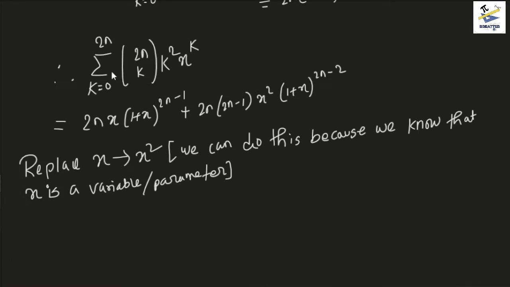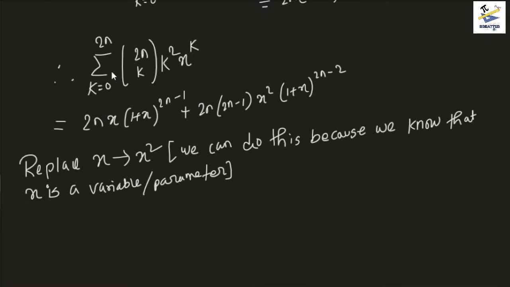One of the reasons it works is because it's an identity and it's valid for all x belonging to real numbers, and that is why it does not matter, because x does not have a fixed value. The only thing that has a fixed value here is n. So n cannot be changed.